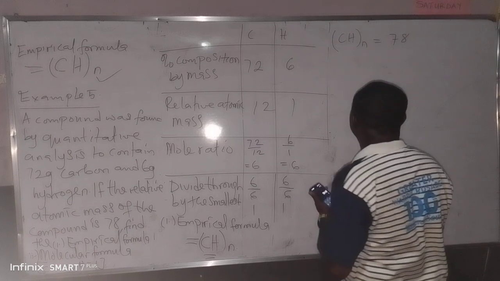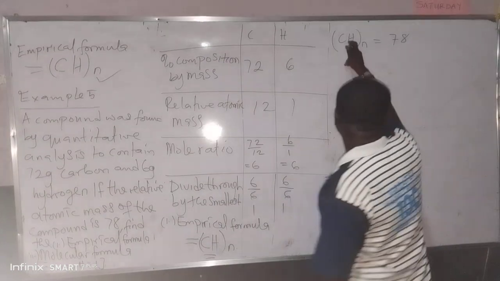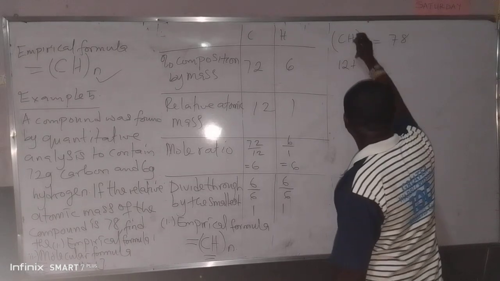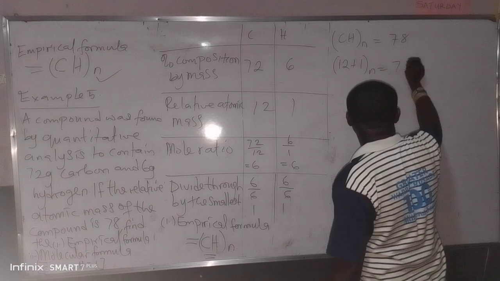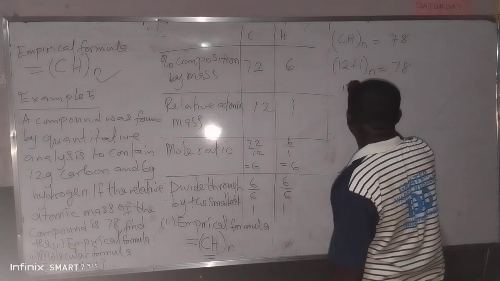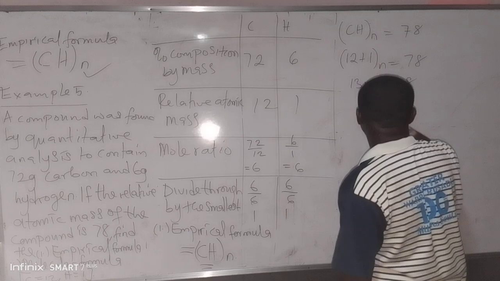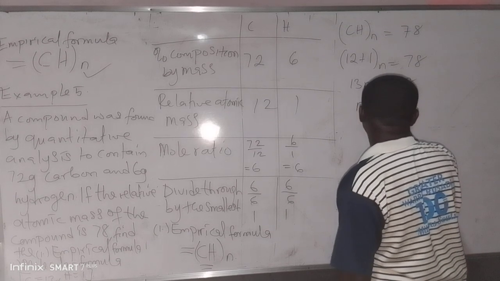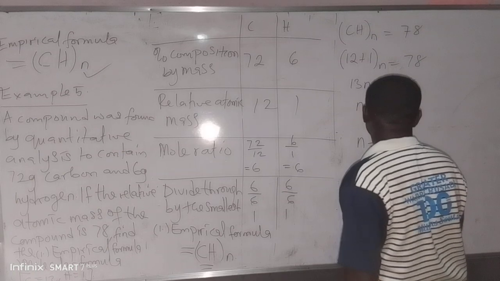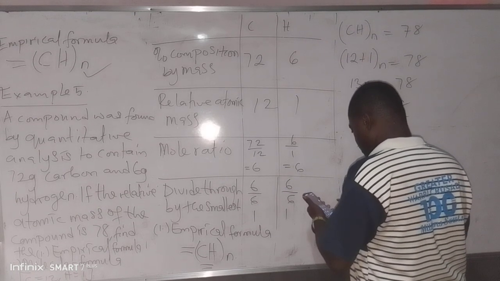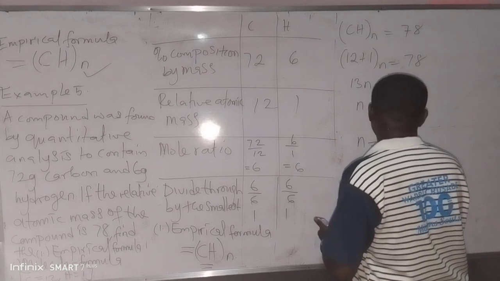Then find the molar mass of what is here. Carbon is 12, hydrogen is 1, then I put this n. So (12 plus 1) times n equals 78, that is 13n equals 78. Divide both sides by 13: 78 over 13. So n equals 78 over 13, the answer is 6.